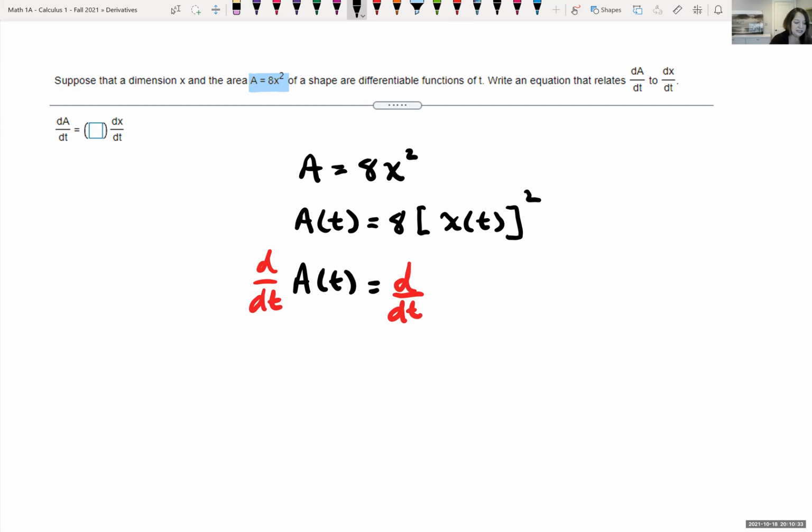So I have d/dt of my area function A of t is equal to the derivative of 8 times x of t, quantity squared.